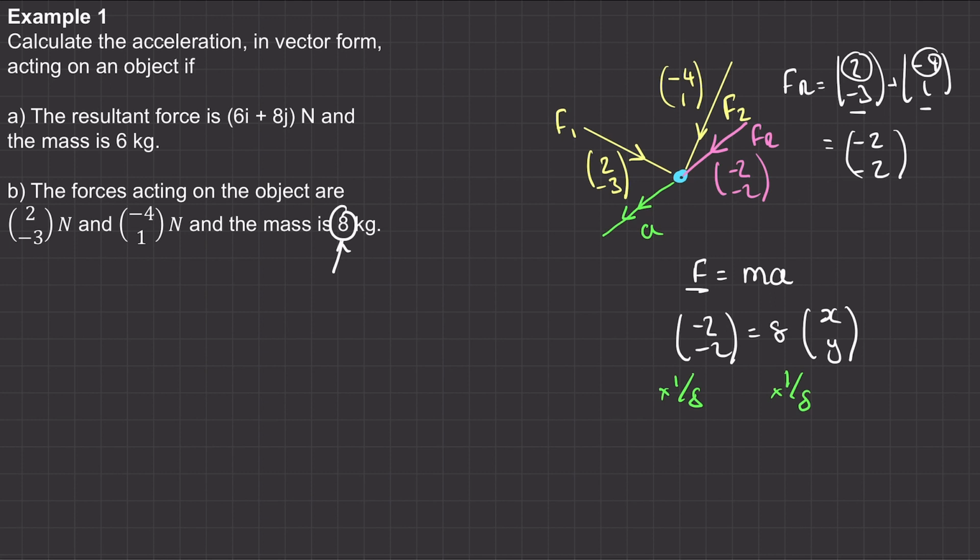So we'll have -2 times an eighth, which is -1/4. And the same for the j direction. So this will be the acceleration in meters per second squared. Okay? Let's try example 2.